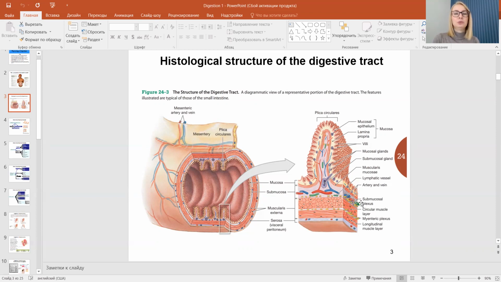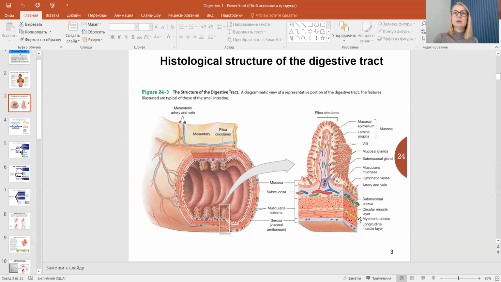So the third tunic, the next tunic, is the muscularis, which in most parts of the digestive tube consists of an inner layer of circular smooth muscle and an outer layer of longitudinal smooth muscle. Another nerve plexus, the myenteric plexus, here it is, lies between the two muscle layers.